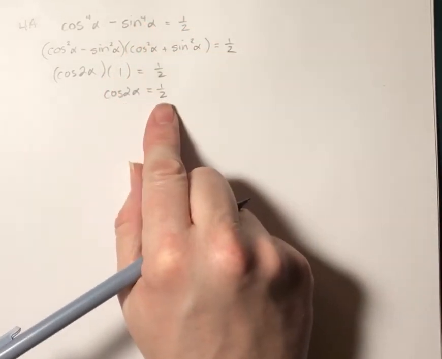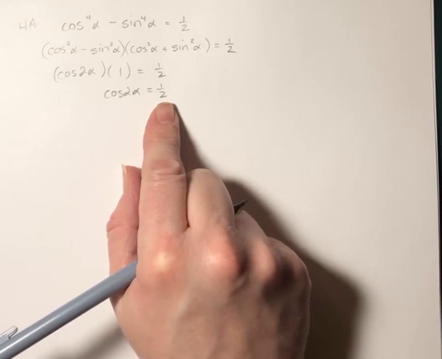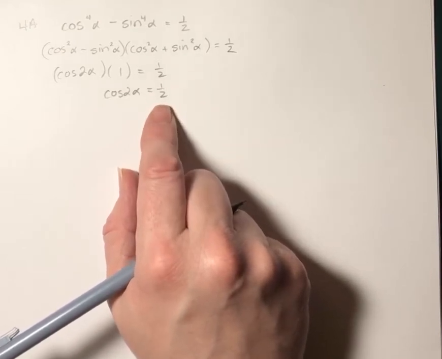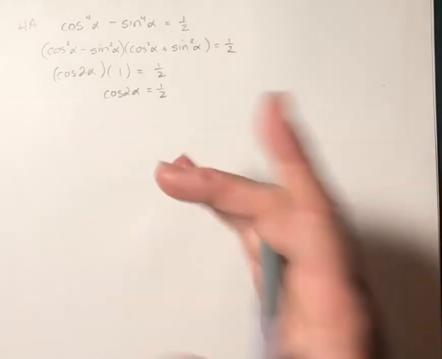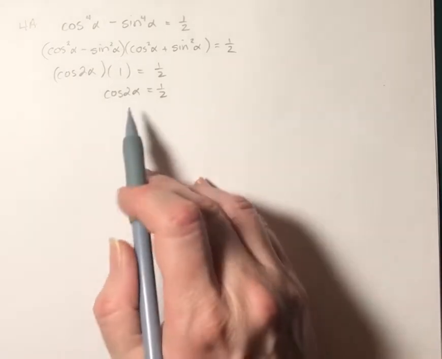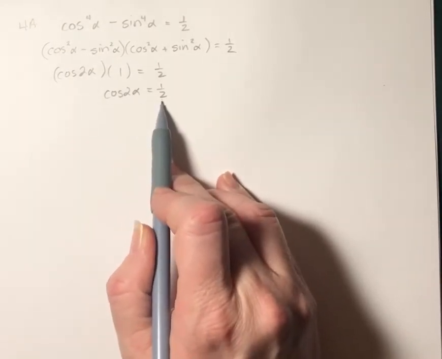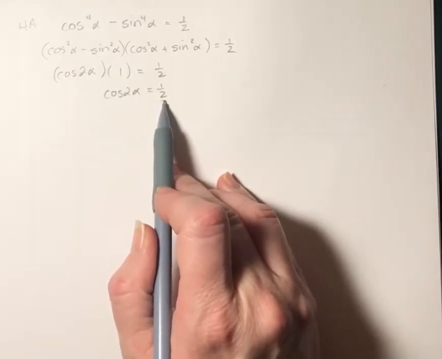So where's the cosine 1/2? And again, they did not specify a region on this one, so we're back to all the possible solutions. Cosine is positive in quadrants 1 and 4.